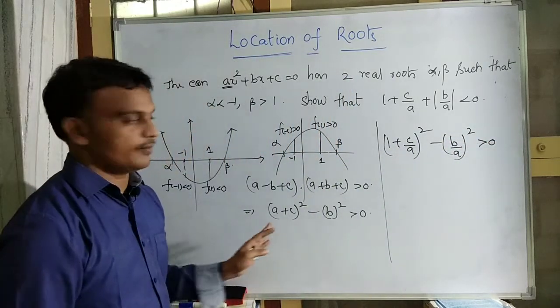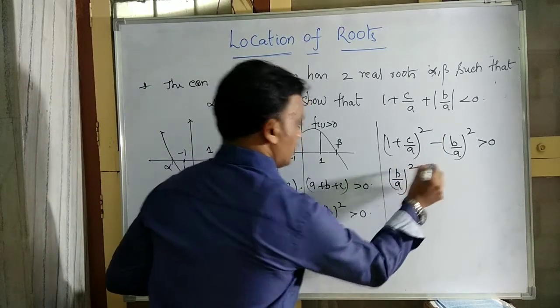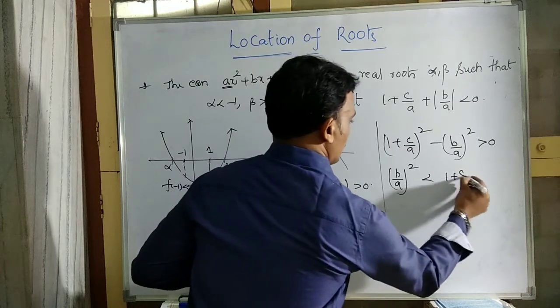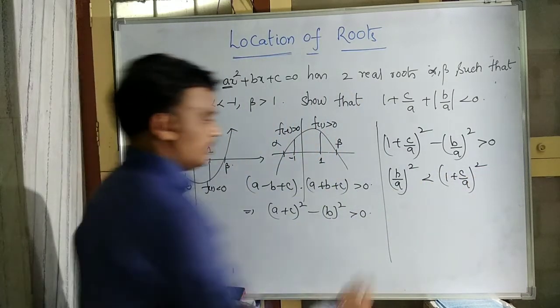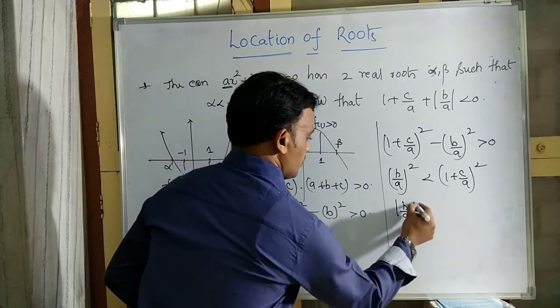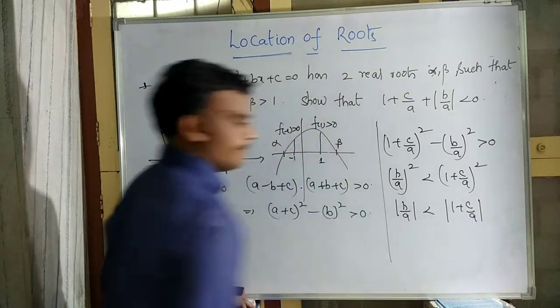Here I can write b by a whole square is less than 1 plus c by a whole square. Take the square root: modulus of b by a is less than modulus of 1 plus c by a.